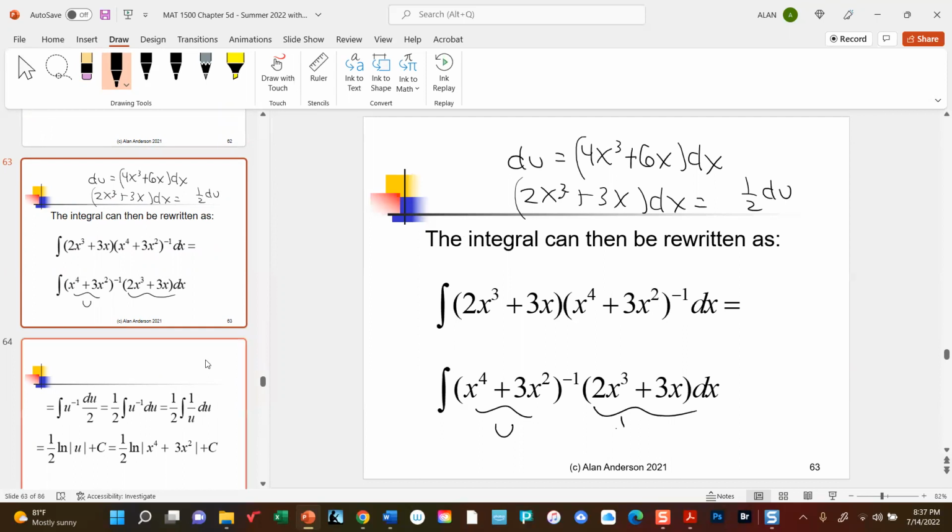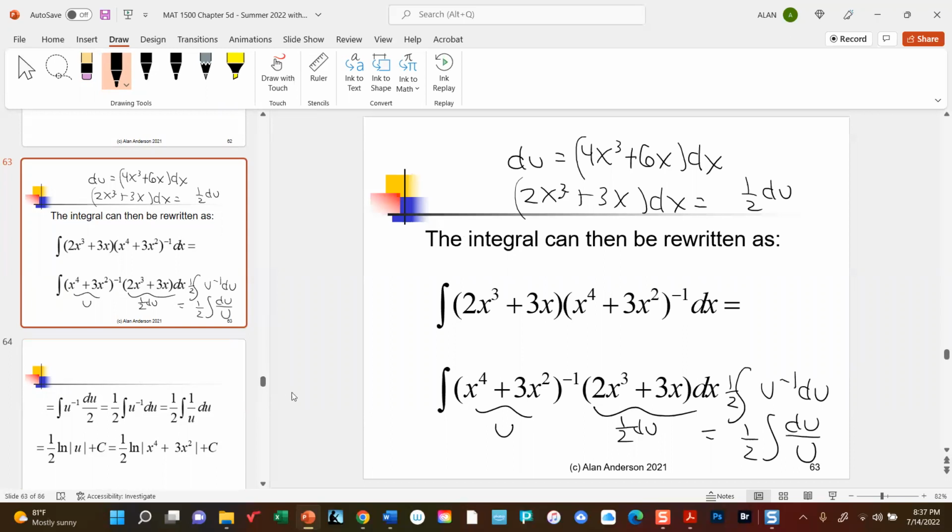And so if you do that, you've actually got 1/2 u to the -1 du, and of course that just means that we're going to have a logarithm.